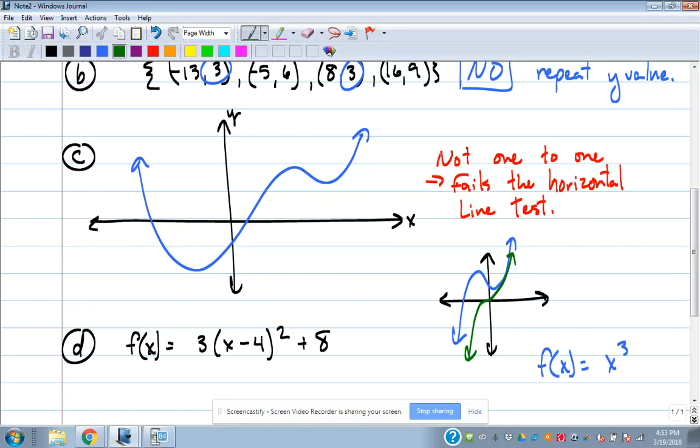So there are some odd ones that do pass. Technically there's an infinite number of them, but it's a smaller infinite number than the ones that fail. It can't touch it twice. If it touches it twice, it fails.